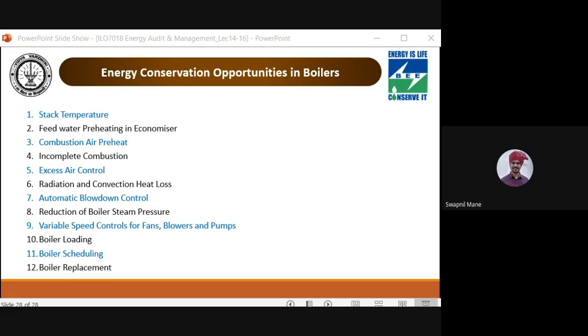Then the last option will be boiler replacement. As an energy manager, you cannot say that this option is correct for me at all times. This should be the last option. When considering a financially attractive boiler replacement, you must first know that the boiler life is well over 25 years.